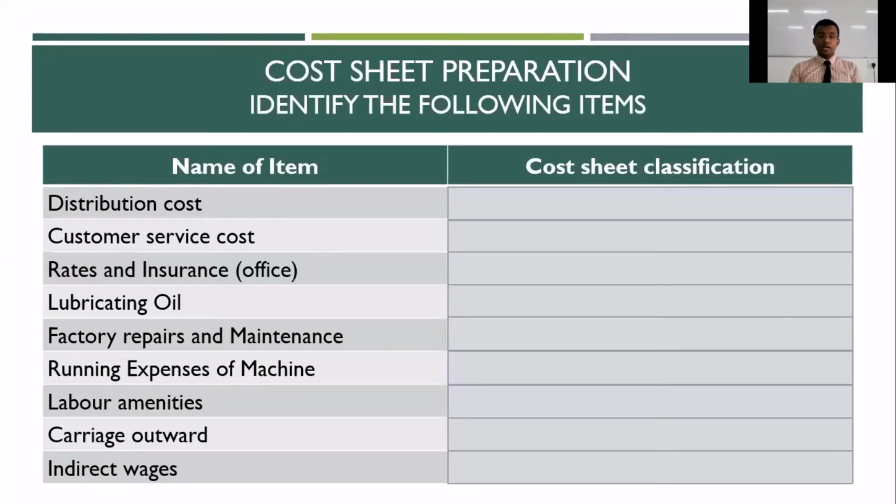Distribution cost, customer service cost, rates and insurance, lubricating oil, factory repairs and maintenance, running expenses of machine, labor amenities, carriage outward, indirect wages. So please write out the answers into your notebooks and then we will discuss one by one. Okay?